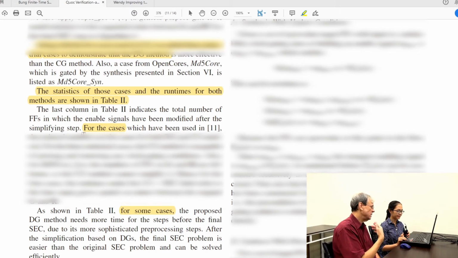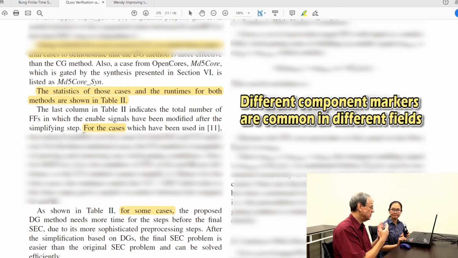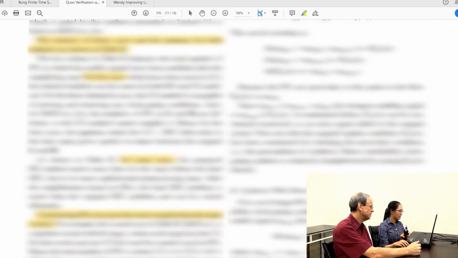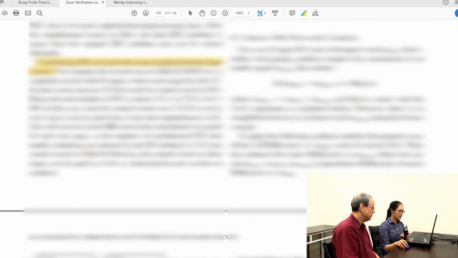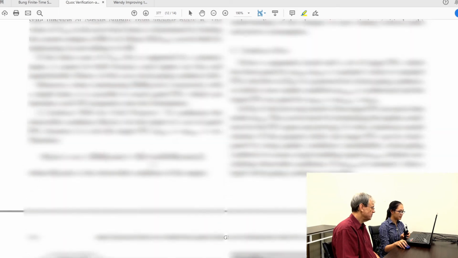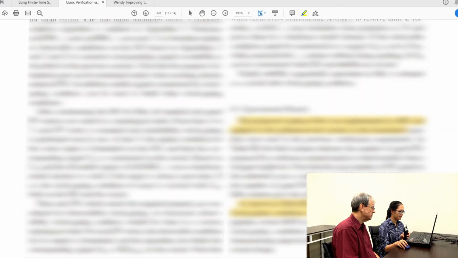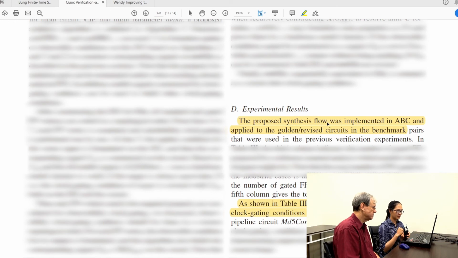Every field has slightly different component markers that are common in that particular field. And here they explain the detail of their data and also the comparison, and we call that interpretation.